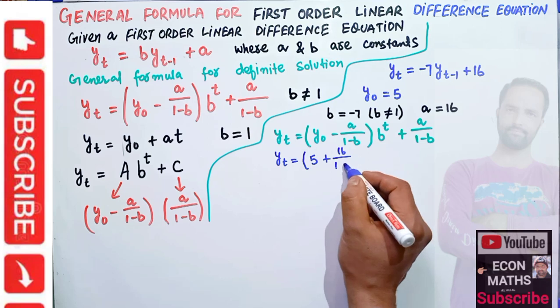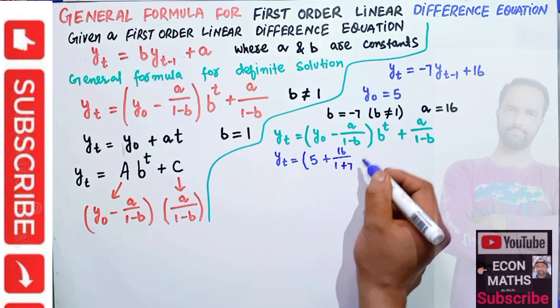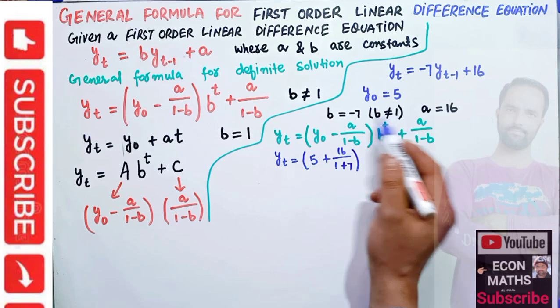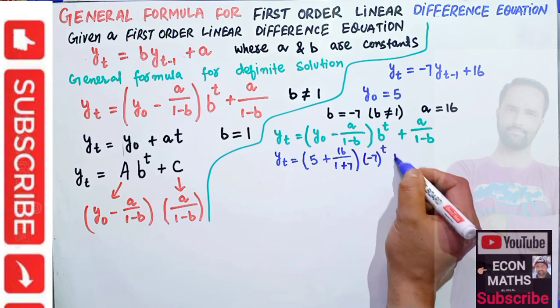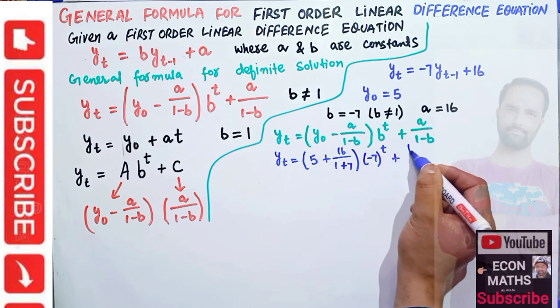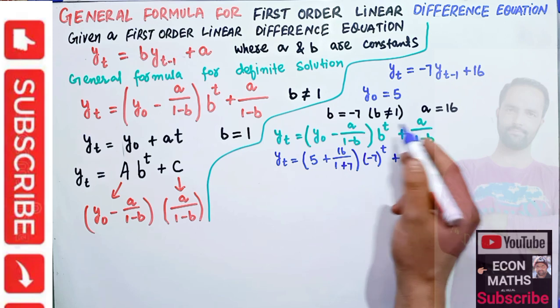Minus into minus is plus, we get 1 plus 7. So b is minus 7, so minus 7 raised to the power t, plus a, again 16 divided by 1 plus 7.